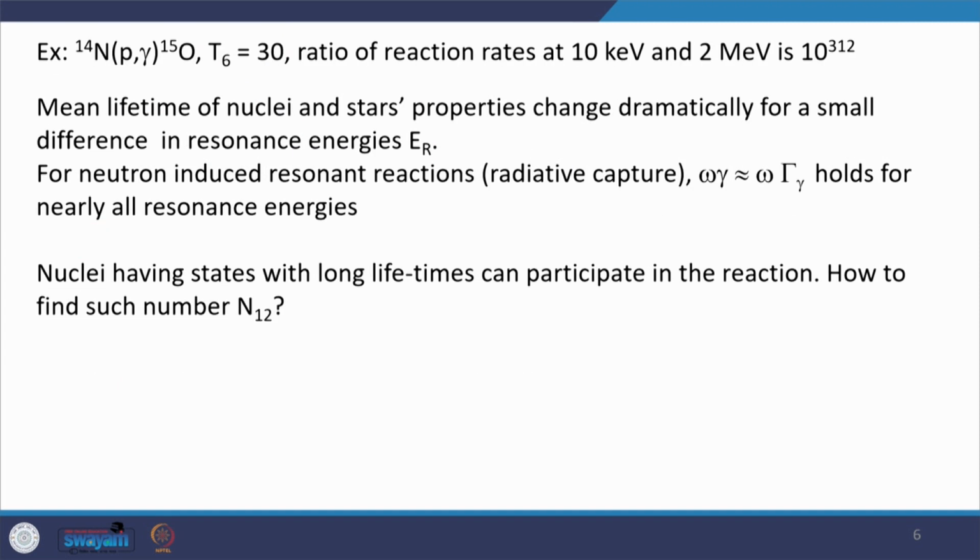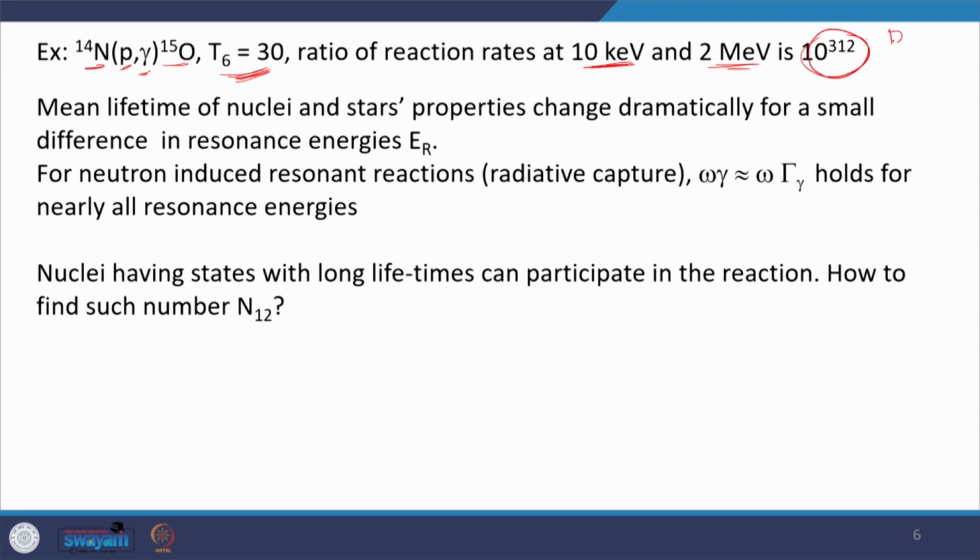For example, let me take the reaction proton with nitrogen 14 giving rise to oxygen 15 emitting a gamma ray, a radiative capture induced by a proton. Assume 30 megakelvins temperature, T6 is equal to 30. If you see the ratio of reaction rates at a low energy resonance, say 10 keV, and at 2 MeV, it comes out to be 10 to the power of 312.